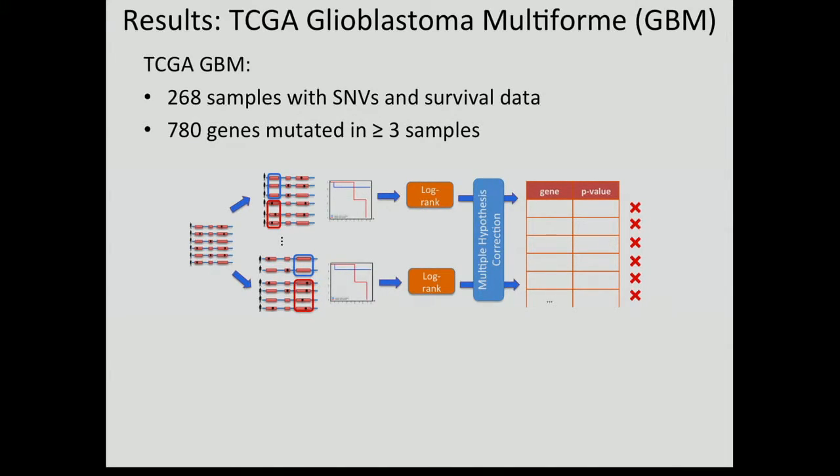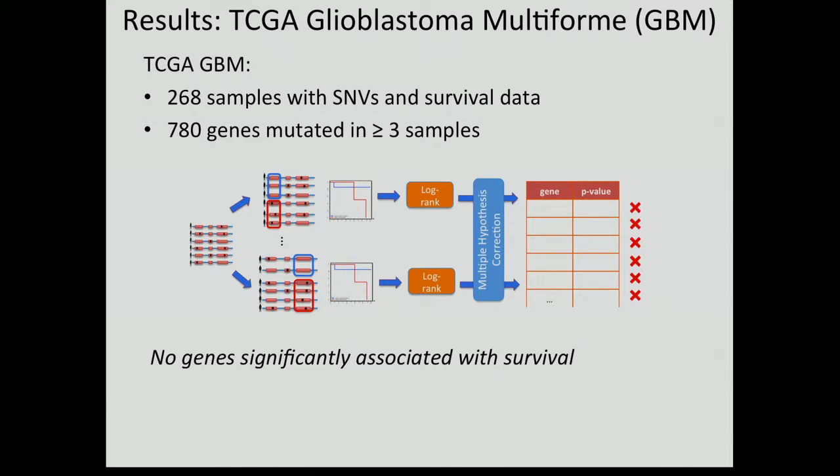What we obtain out of this is that there are no genes that are significantly associated with survival after the multiple hypothesis correction. So this is actually a common picture when you look at datasets from the Cancer Genome Atlas. Usually you obtain one or a few genes associated with survival, or very often you don't obtain any gene associated with survival.